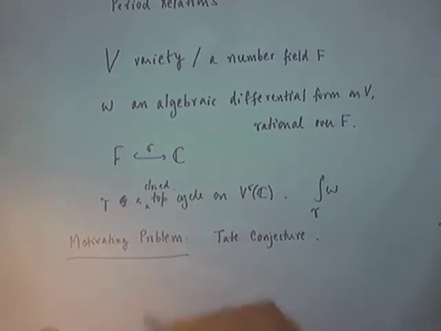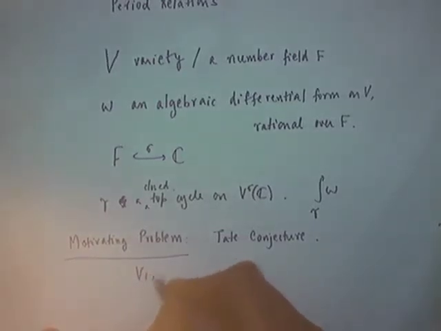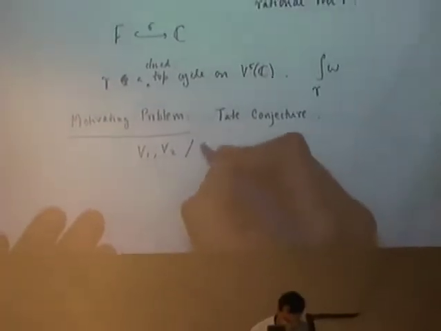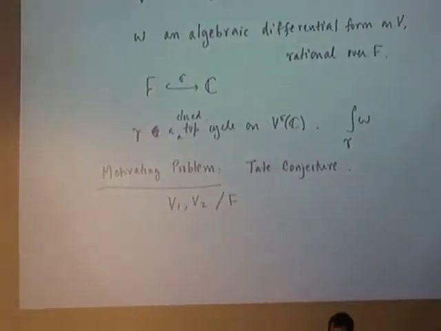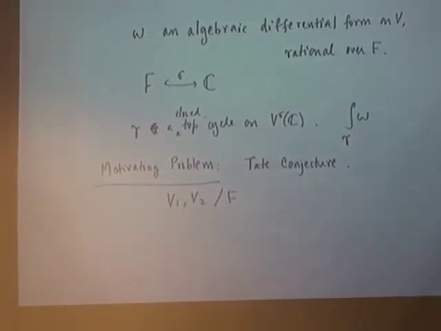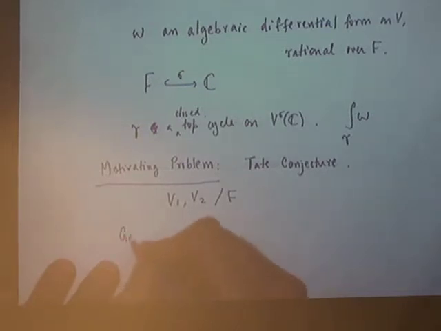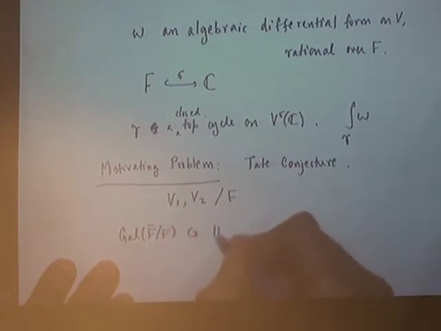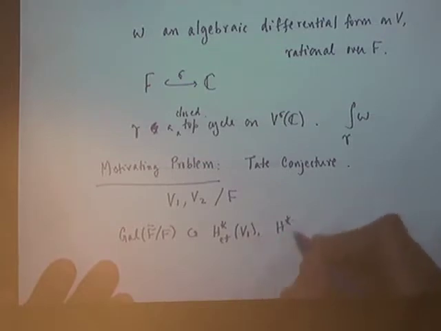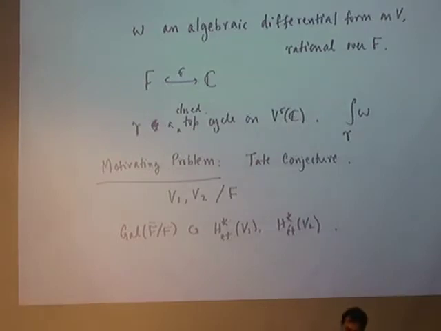Namely, if you have two varieties, say V1 and V2, both defined over the same number field, then, so variety for me will always mean smooth projective. Never, there's nothing bad ever going on. And so the Galois group of F bar over F acts naturally on the étale cohomology of V1 and V2. So you have Galois representations.